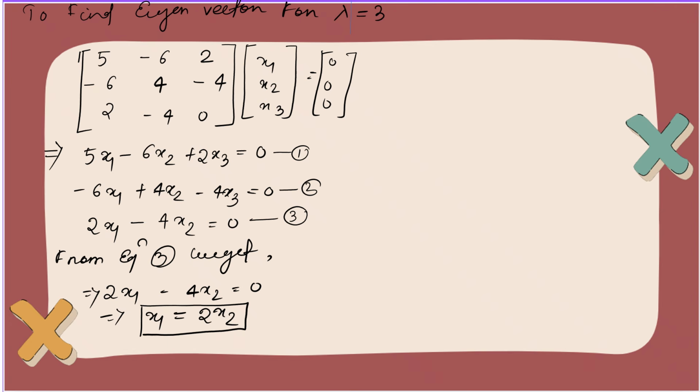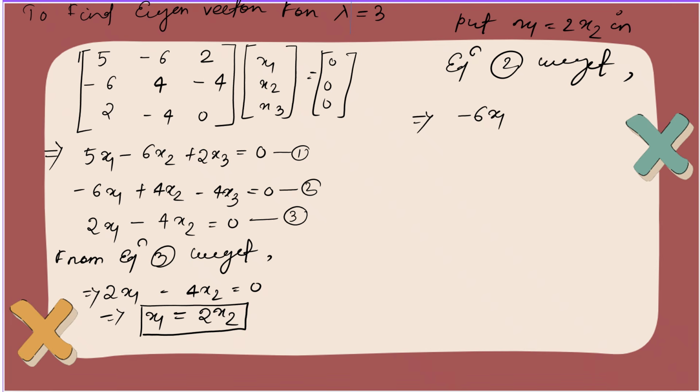Now put x1 equal to 2x2 in equation 2. We get minus 6x1 plus 4x2 minus 4x3, which is equal to 0.